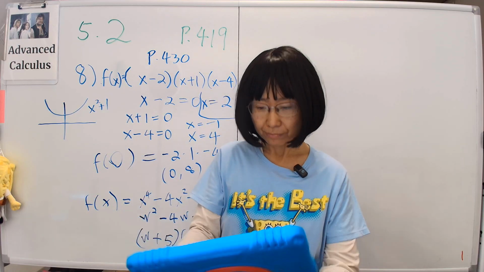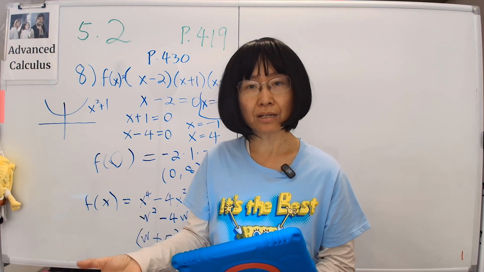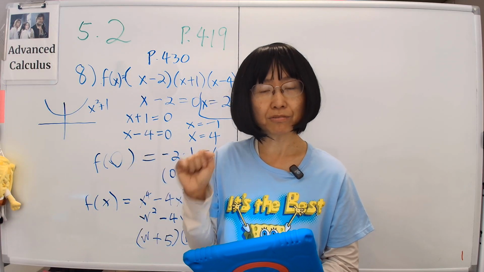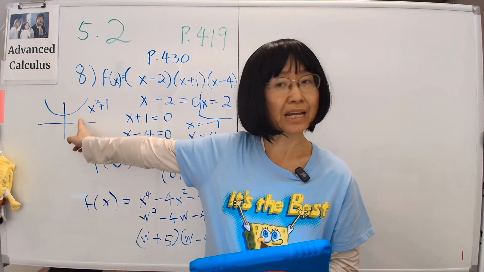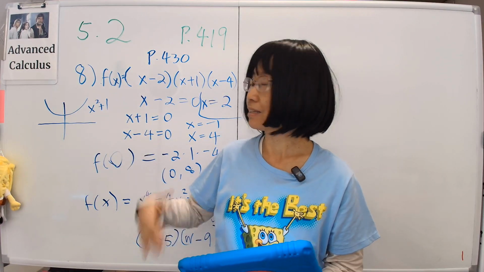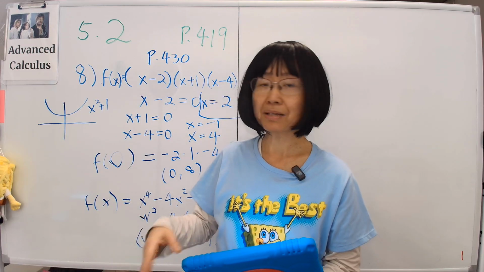However, you do remember that just because it has roots does not mean that the graph will cross the x-axis, because the root might be imaginary, as in this case. Then it doesn't cross the x-axis, so it's not an x-intercept.